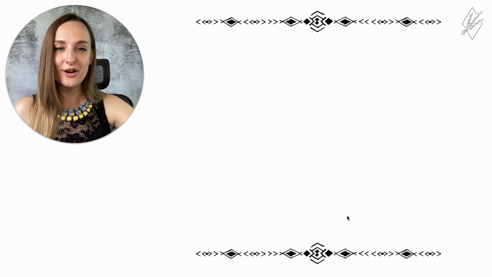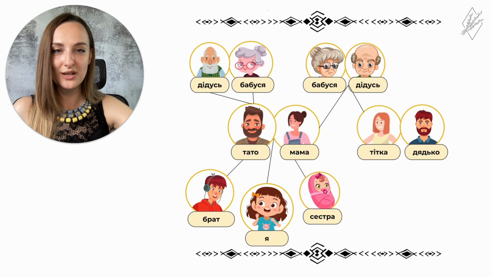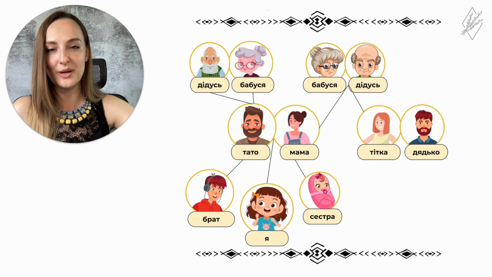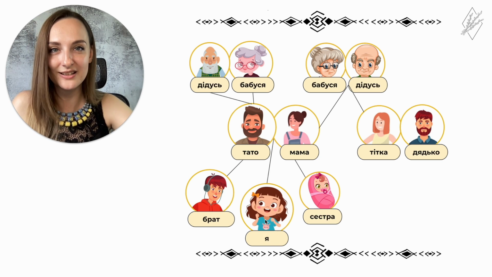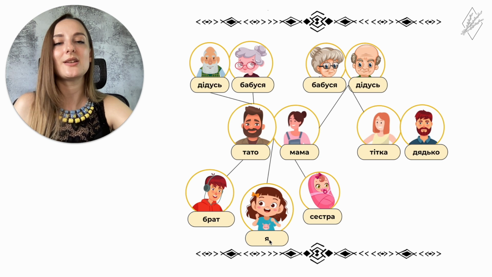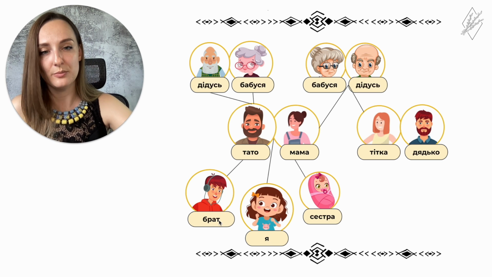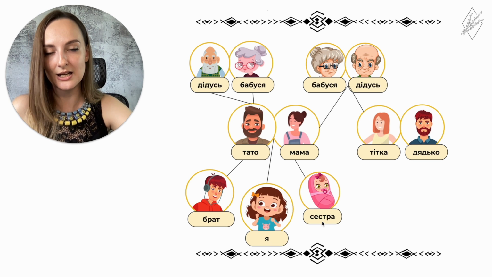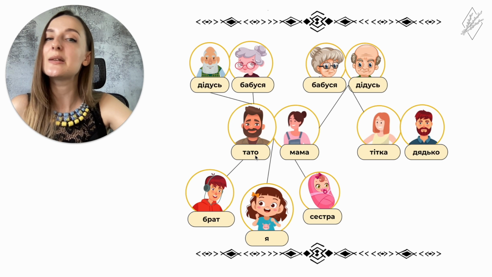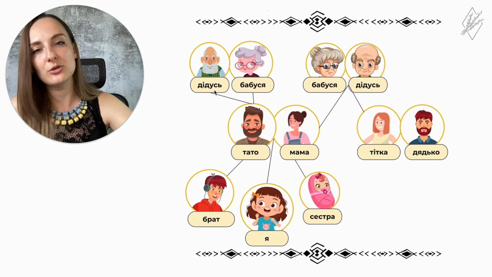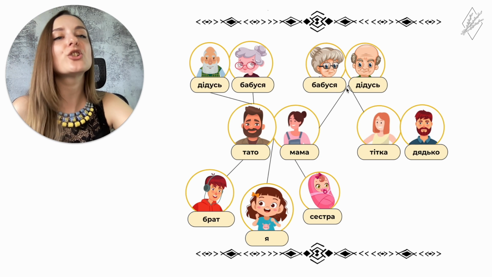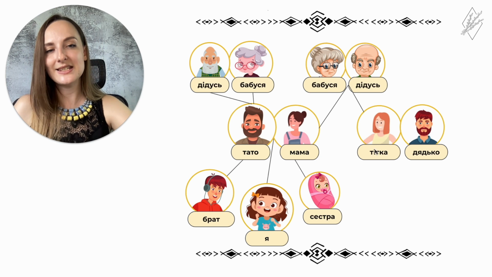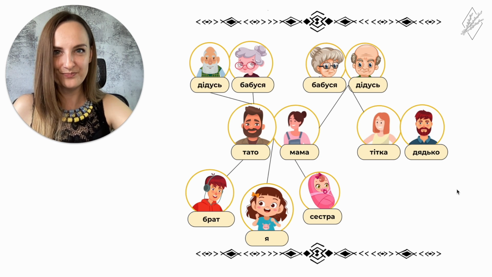Perfect. Here I also want you to repeat the names of family members. If we take a look from Oksana's point of view, she would say це я, це мій брат, це моя сестра, це моя мама, це мій тато, мій дідусь, моя бабуся, ще одна бабуся, ще один дідусь, тітка і дядько.